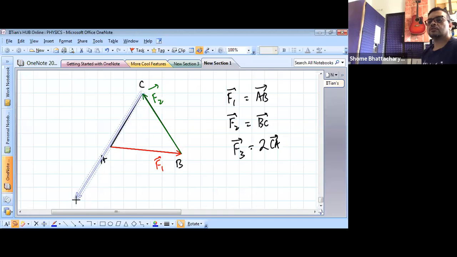F3 is twice CA. So now you see what your resultant is. Your resultant is going to become, from the origin of your first force, which is this point A, to the head of the last force, which is this point. So your resultant force is going to become this.